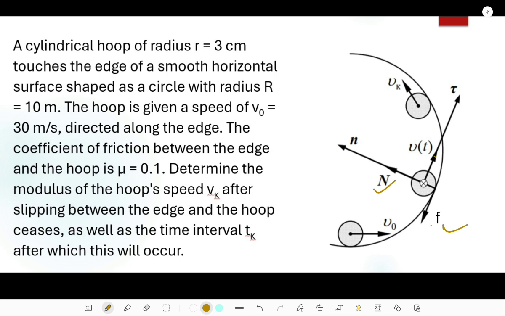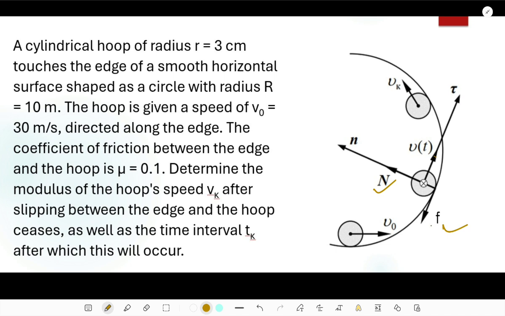So our hoop is acted upon by the normal reaction force and the friction force from the edge. Well, let us write the equation of motion of the center of mass of the hoop.